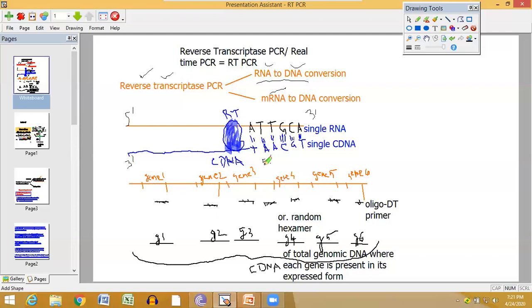Then, as per your primer melting temperature, you set the Tm or the annealing temperature Ta. We have already discussed how to calculate this and how to set the annealing temperature. Just set the Ta. You know how to tackle a PCR reaction. You just add this and perform the reverse transcriptase PCR for several cycles.